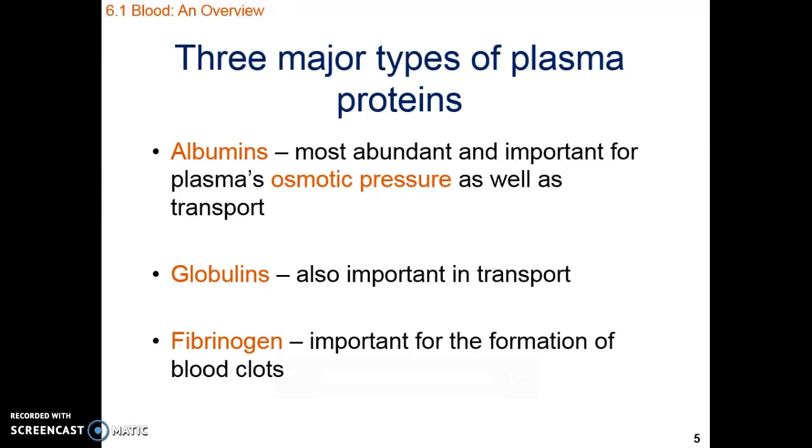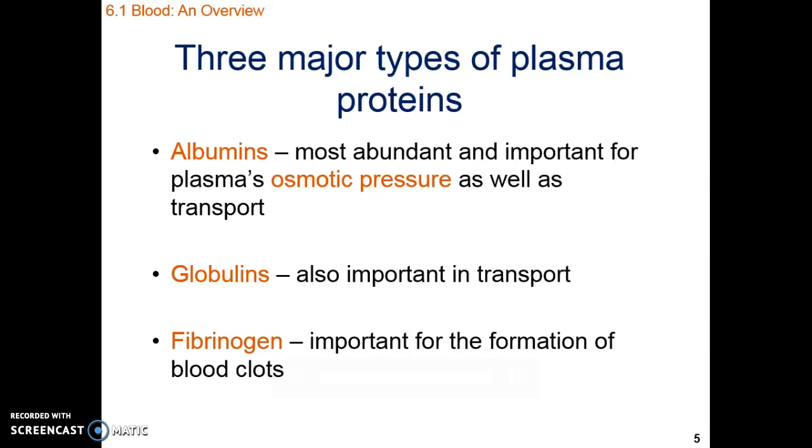So plasma proteins are extremely important in terms of helping to maintain the water content in the blood, which is going to help maintain blood volume and then blood pressure. The three major types of plasma proteins are albumins. This is just a pretty basic protein. Albumin is also a protein of high concentration in egg whites.